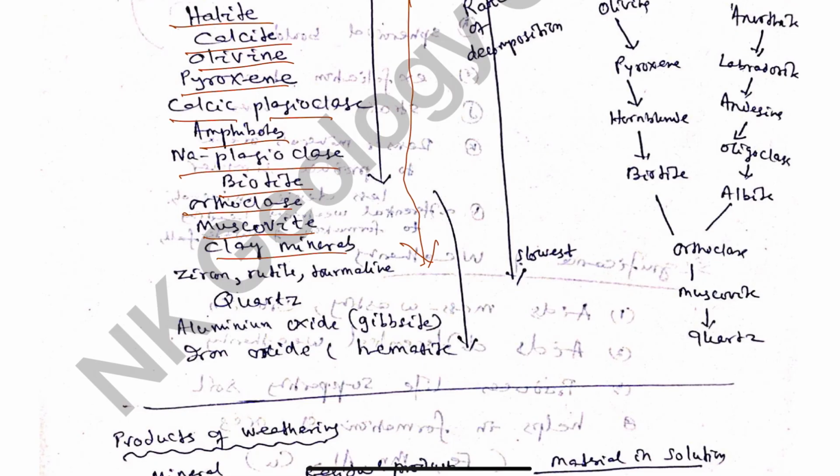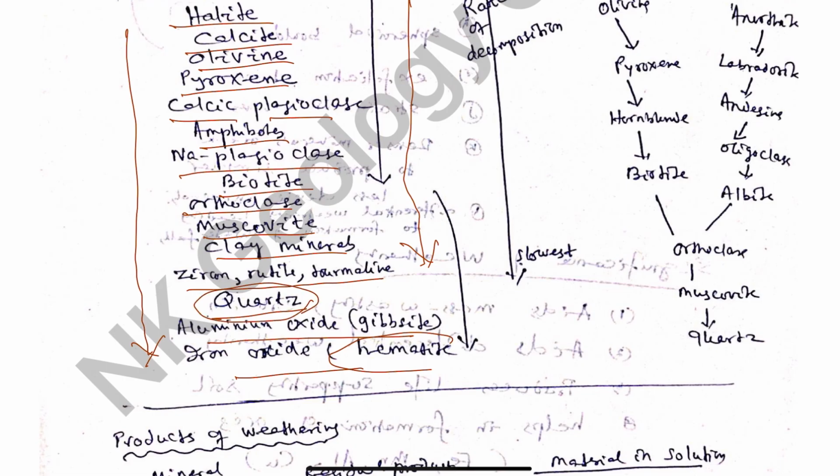Orthoclase, muscovite, clay minerals, zircon, rutile, tourmaline, quartz, then aluminum oxide which is gibbsite, and iron oxide, hematite. So in this manner the minerals are seen to be affected by weathering. As we go from the top to the bottom, the stability increases. So generally it is found that quartz is the stable product of the silicates.